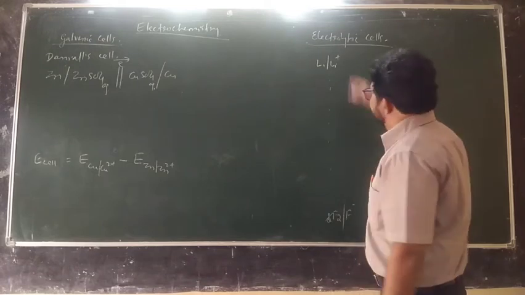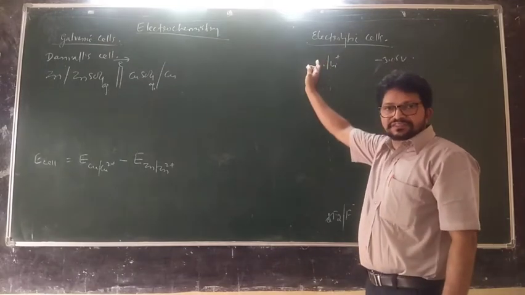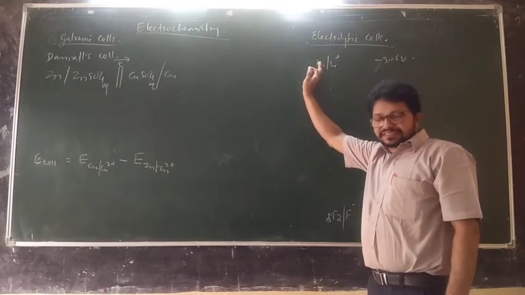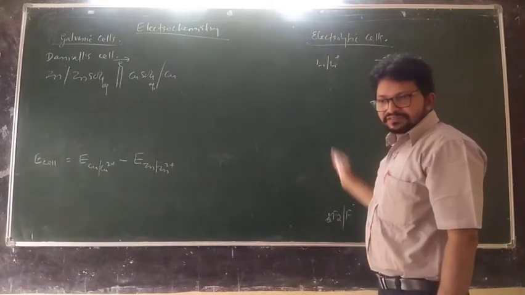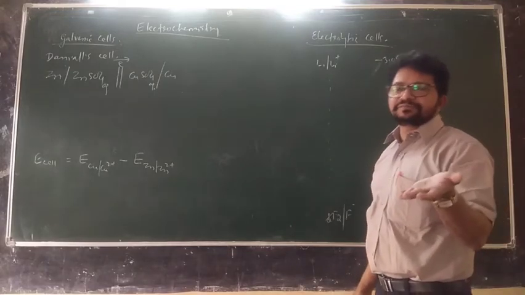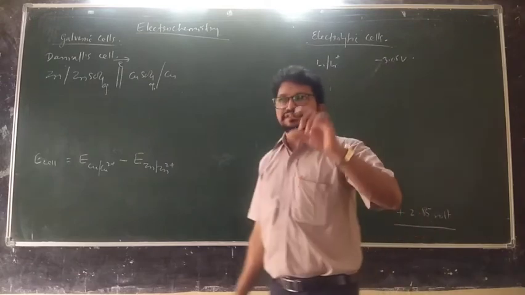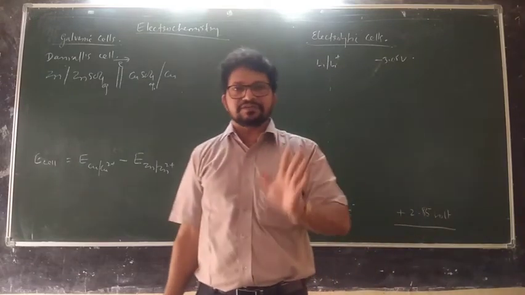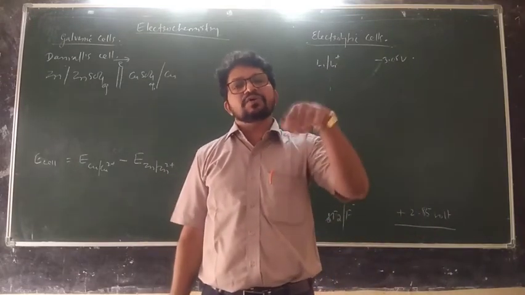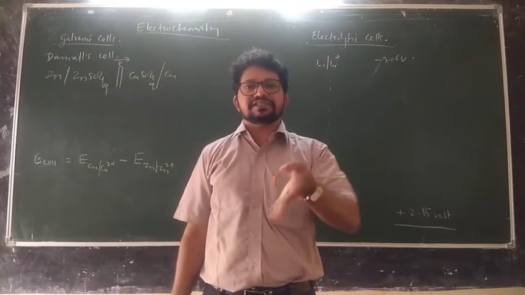So this is how it works. The one above is naturally acting as anode, and the one below, which is more positive, will be cathode, and more negative will be anode. If both are negative, more negative is anode, less negative is cathode.